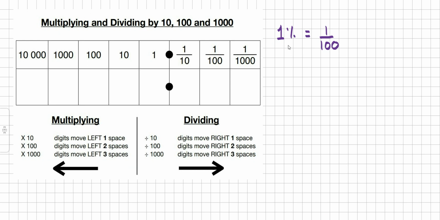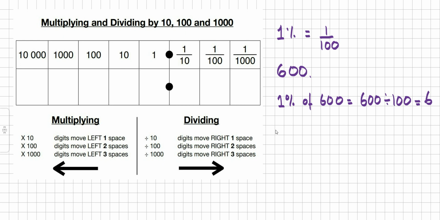So finding 1%, we're not dividing by 10, we're dividing by 100, which means we've got this move of 2 places. So taking our 600 again, we could say 1% of 600 is equal to 600 divided by 100, which is 6.